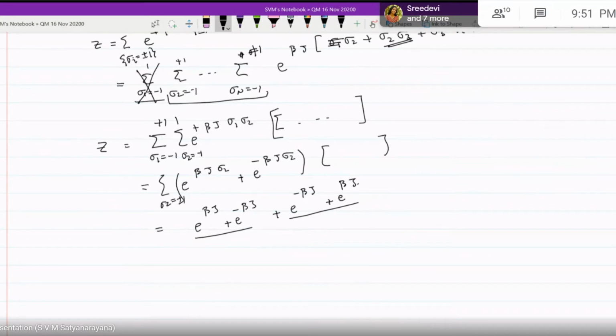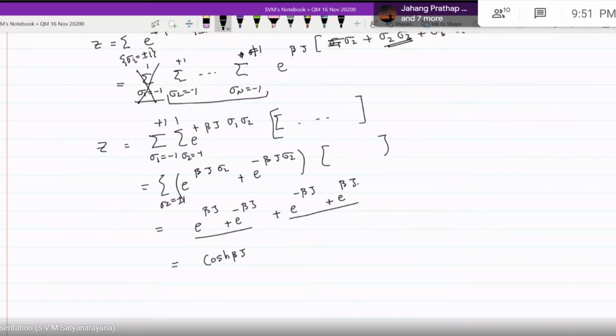For every pair you get two, which is like cos hyperbolic beta J.